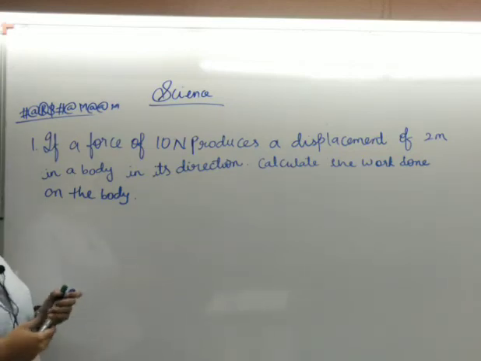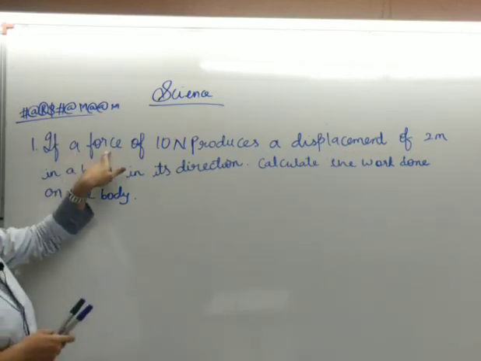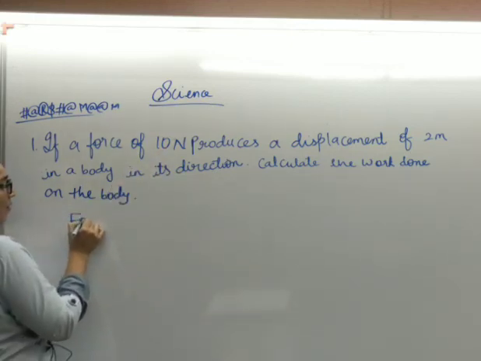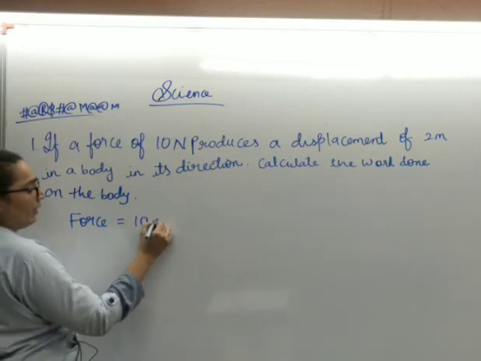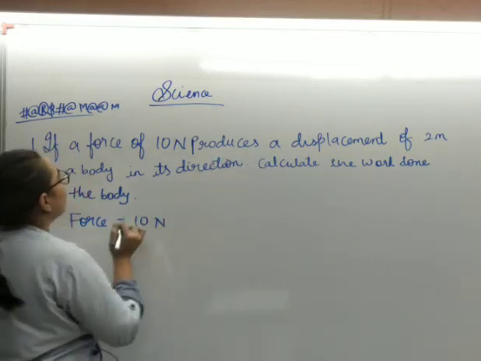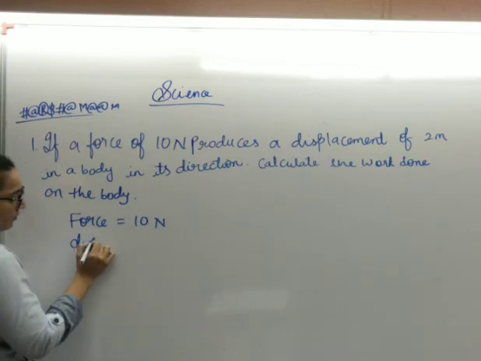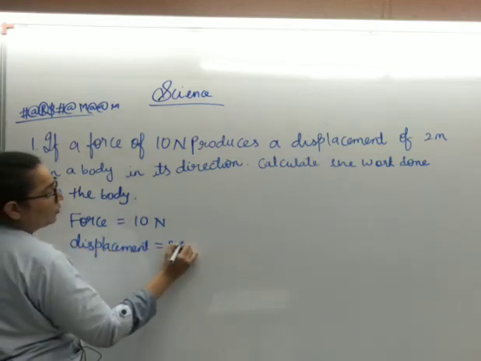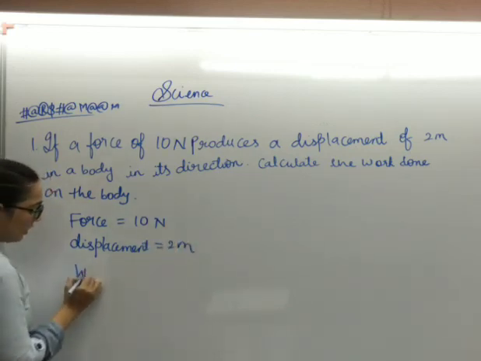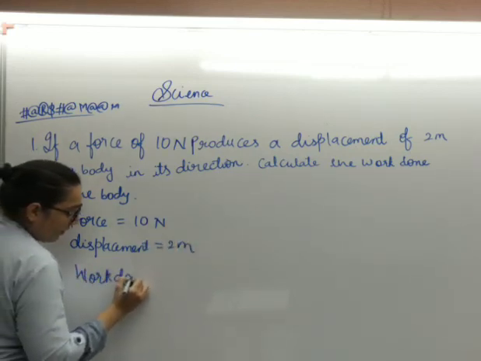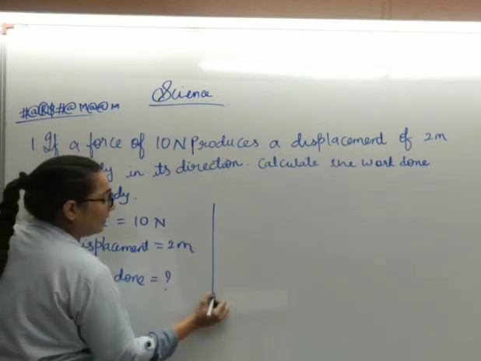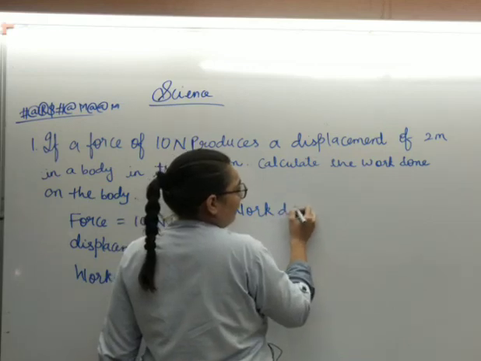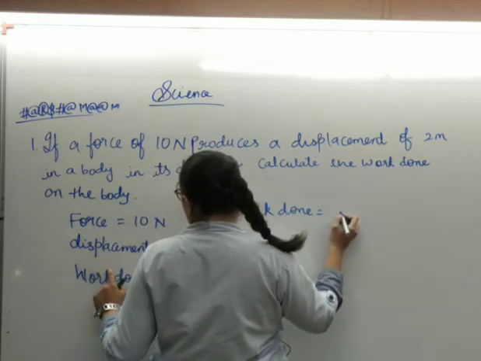Now, first of all, jot down all the values. What is the force? Force is equal to 10 Newton. Displacement is 2 meter. Calculate the work done. It is very simple. What is work done equal to? Force into displacement.